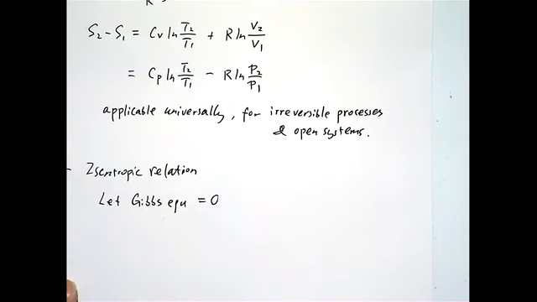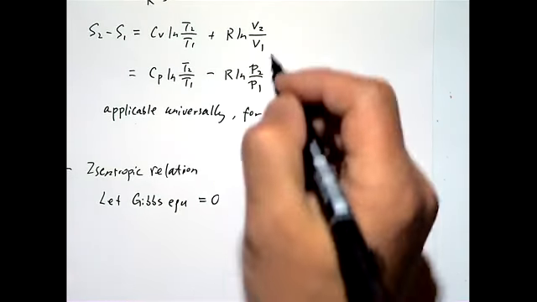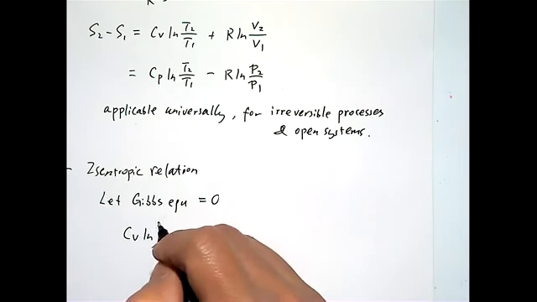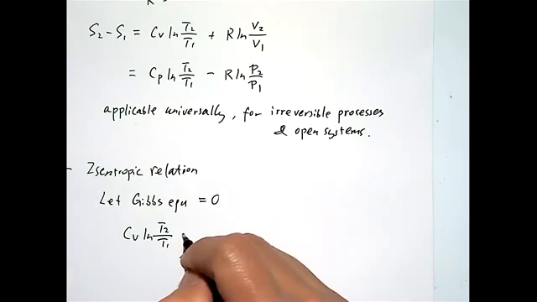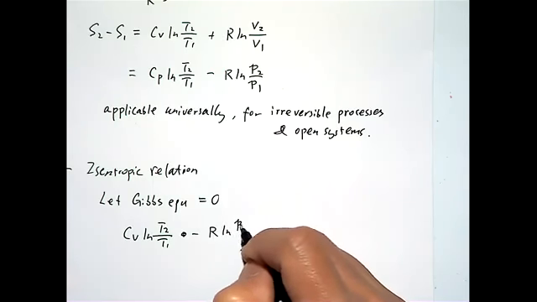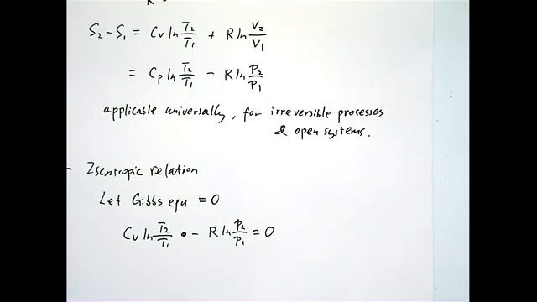Let's quickly go through that. We have Cp log T2 over T1 minus R log P2 over P1 equals 0.